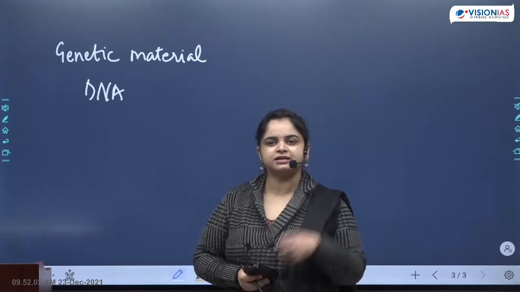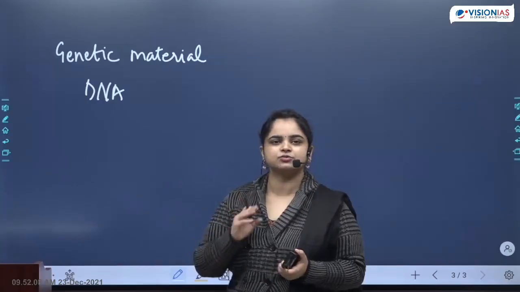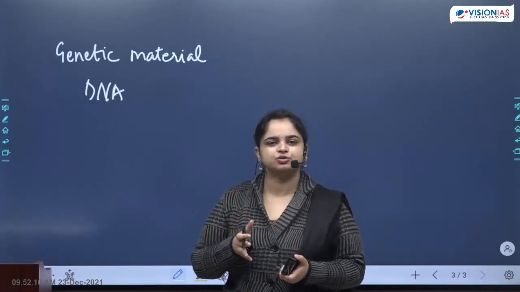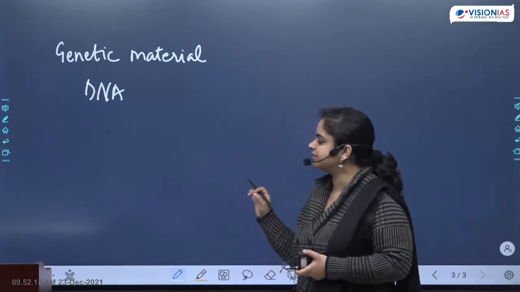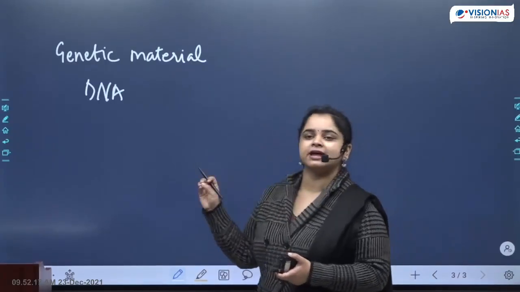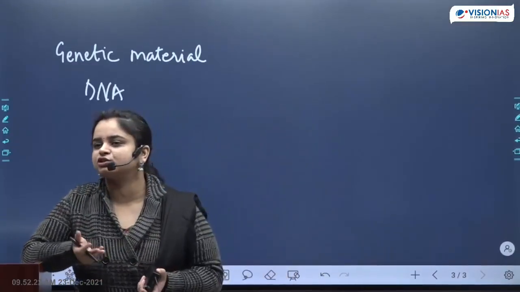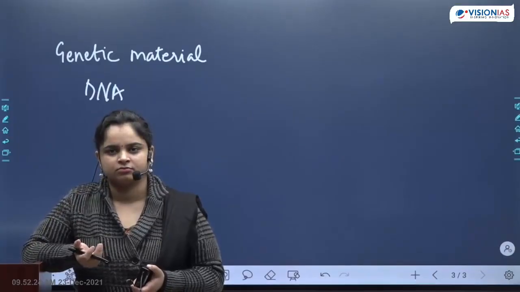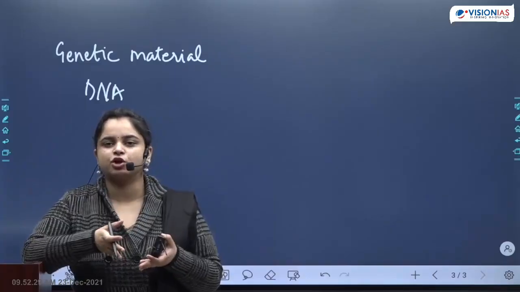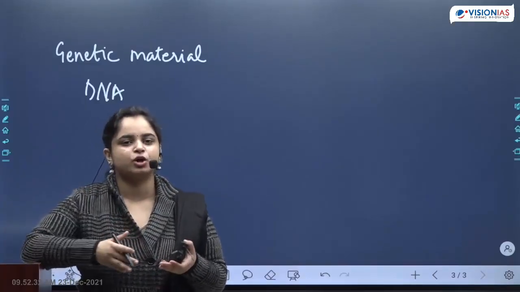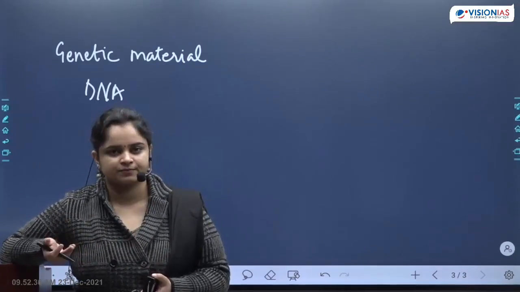So the genetic material or DNA holds this information, which is transferred from one generation to the next. So what will be the role of genetic material? The role then becomes to dictate the characters of an organism. It is bringing the information from the previous generation, and then in this present organism it is going to dictate, or it is going to determine how the person's body will function.